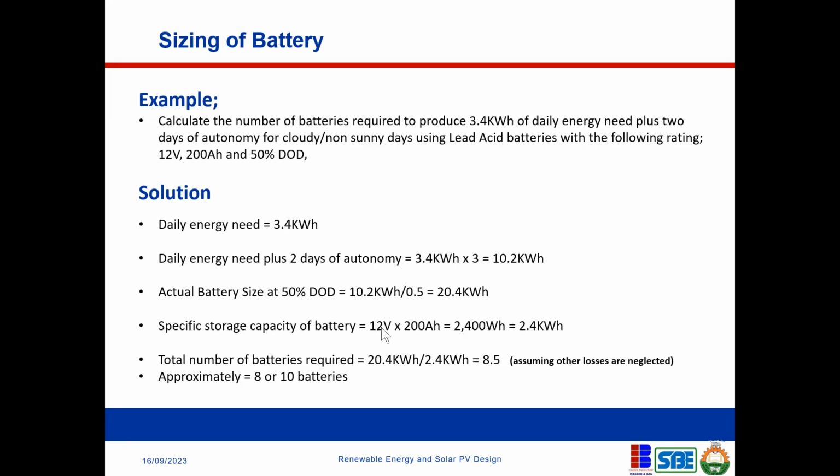That means you're going to connect 2 batteries in series to have 24 volts. You cannot feed 12 volts into that 24-volt inverter. It will not work. So you need to combine 2 batteries. If you're combining 2 batteries, that means you cannot use 9. You must combine 2 batteries to get 24.